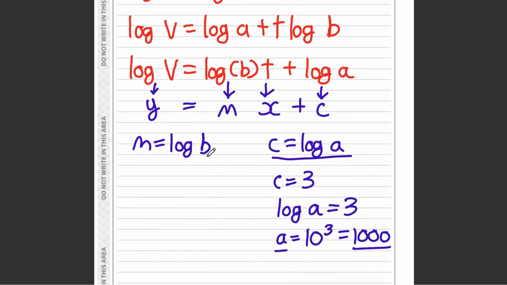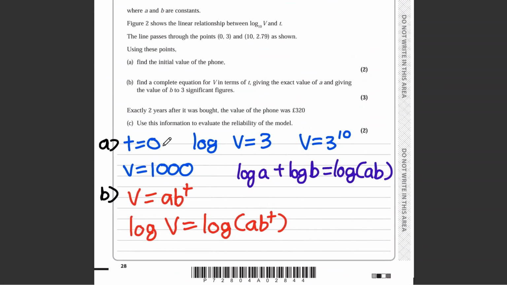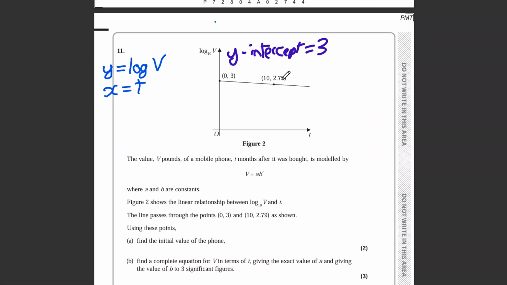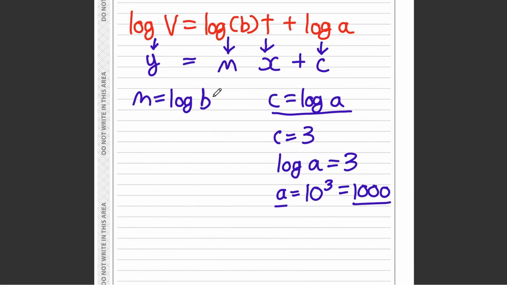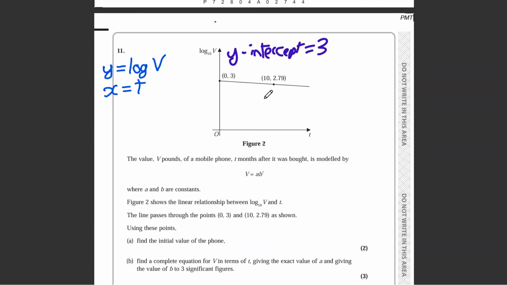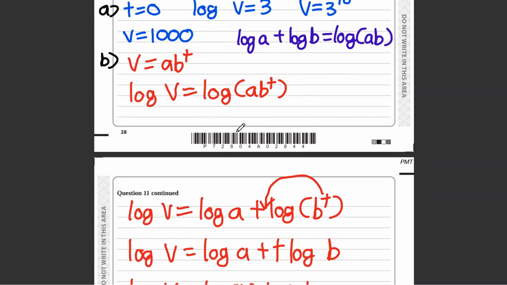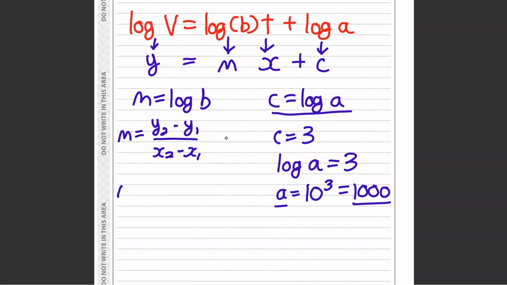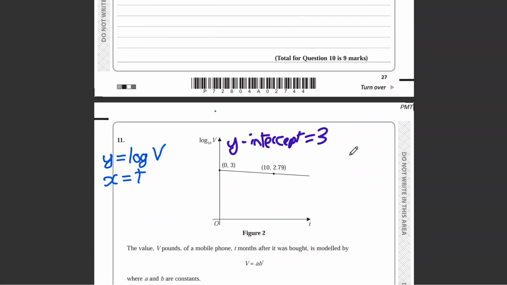Now we need to find the value of the constant b. So this is the gradient. Now we can find the gradient because we have 2 points on this line. Remember, the gradient is equal to y2 minus y1 over x2 minus x1, and we have 2 coordinates here, okay? So the gradient is going to be y2, let's call this the second point, let's call this the first point.